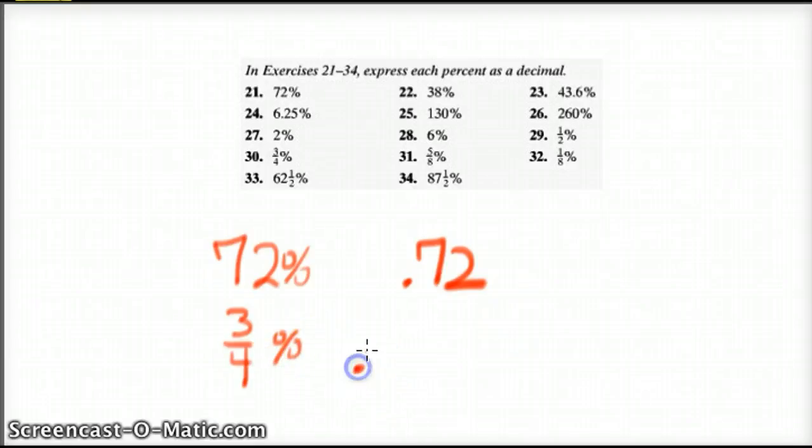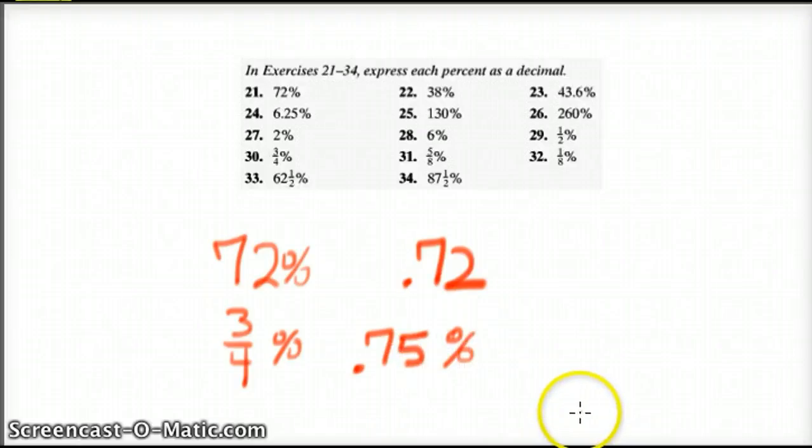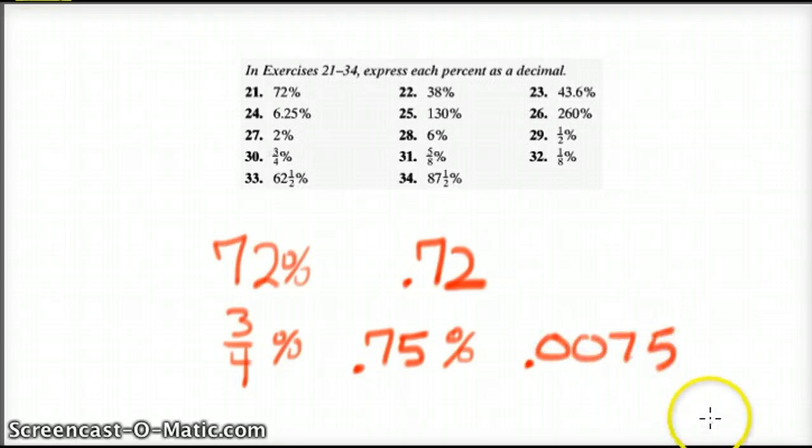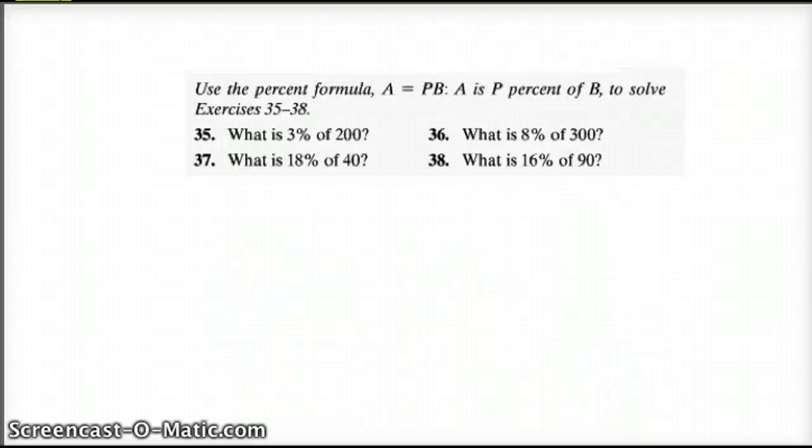Well, first of all, we know that 3/4 is 0.75. Okay, now think about this. This is not even 1%. It's not even 1%, so 0.0075. This is a decimal number.